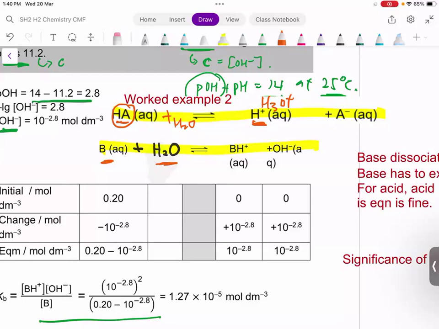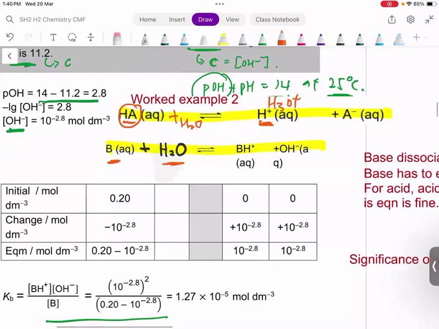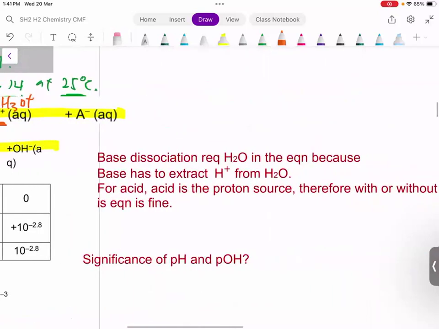All right, so remember Bronsted-Lowry definition, transfer of proton. Okay, so in words, it will look something like this.